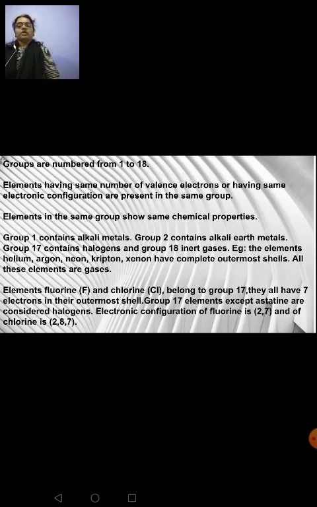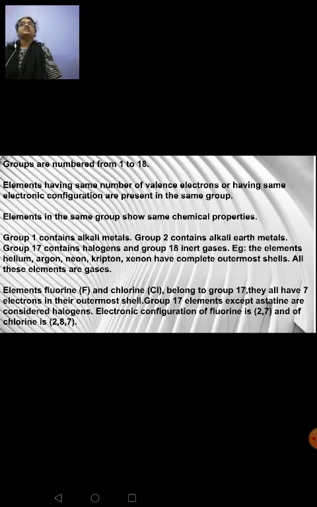Now talking about this groups, the speciality is that elements falling under one particular group will have same chemical properties and they will have same number of valence electrons in their outermost shell. Okay, and their shell number will keep increasing because you are coming down the group. When you are coming down, the period number changes.